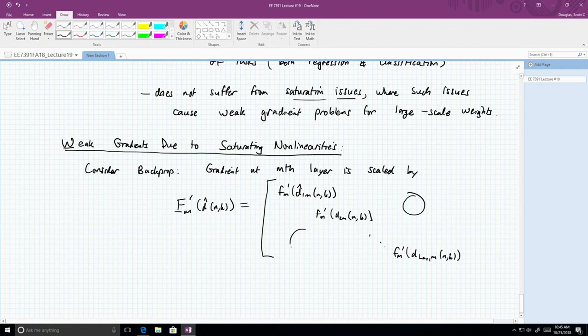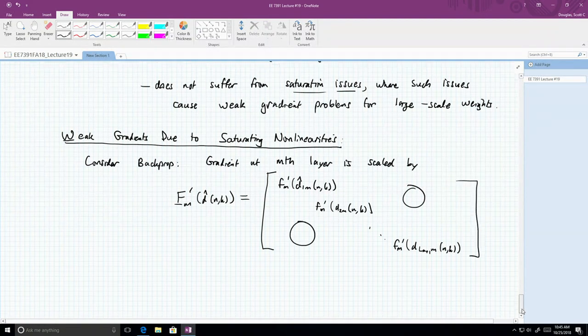These, and of course there's zeros there and there, and of course Fm prime is the derivative of Fm of d hat with respect to d hat. Right, that's what that is.